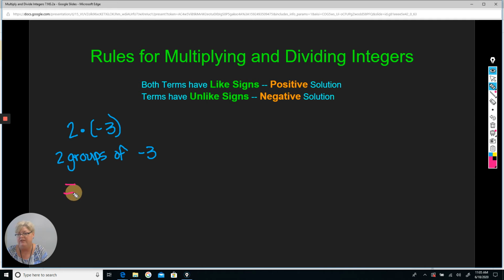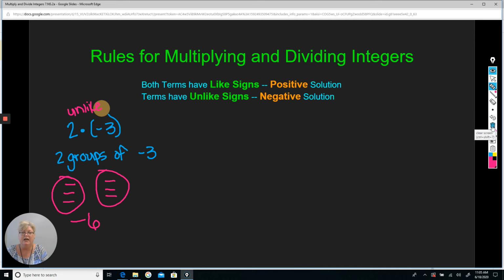So if I have negative, negative, negative, that's one group, negative, negative, negative, that's two groups. And so I have two groups of -3. And how many negative signs do I have there? -6. So this would be unlike signs, and when you have unlike signs, you get a negative solution.